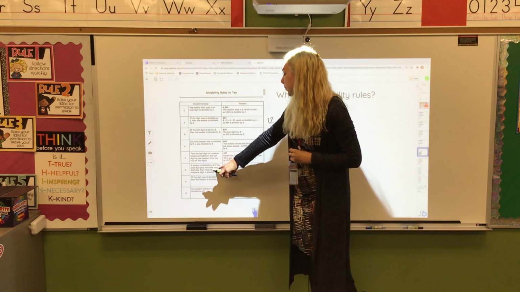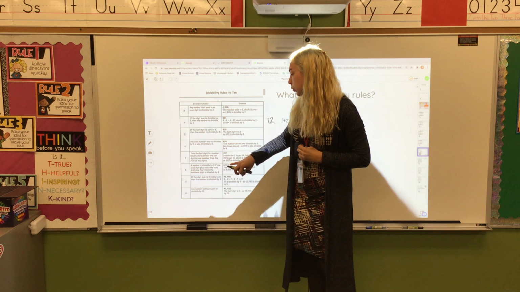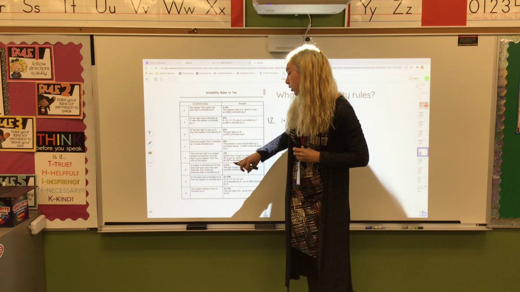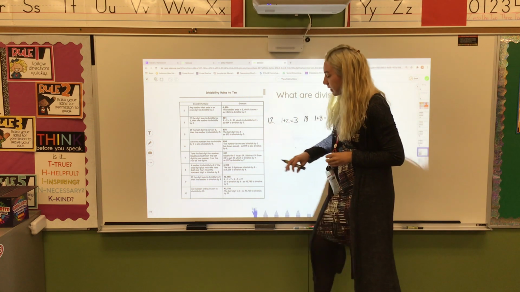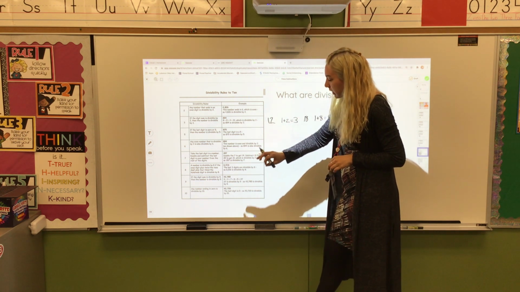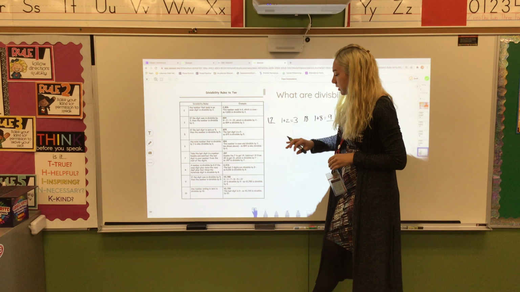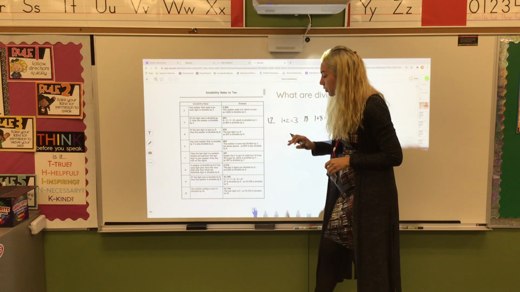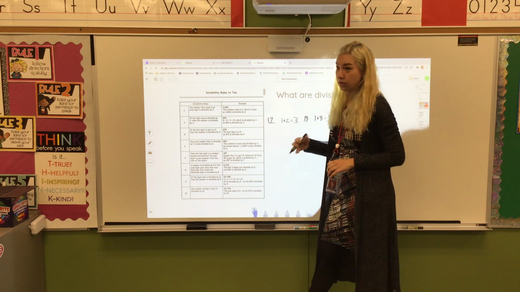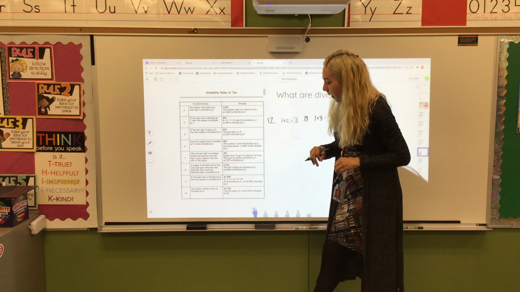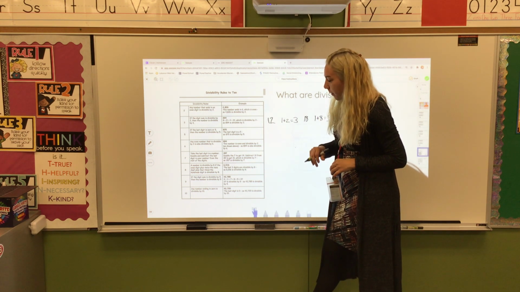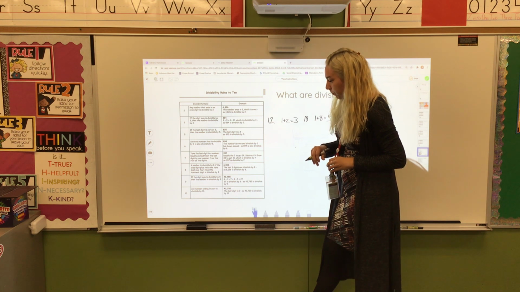A number is divisible by 8 if the ones digit plus twice the tens digit plus 4 times the hundreds digit is divisible by 8. So in 6016, the last 3 digits are divisible by 8, so 6016 is also divisible by 8. Cool to know. If the digit sum is divisible by 9, then the number is divisible by 9.